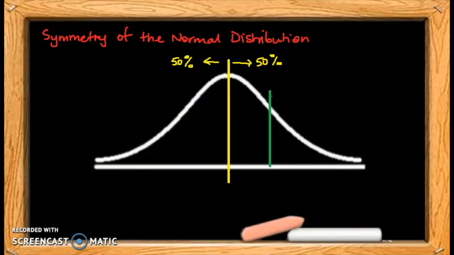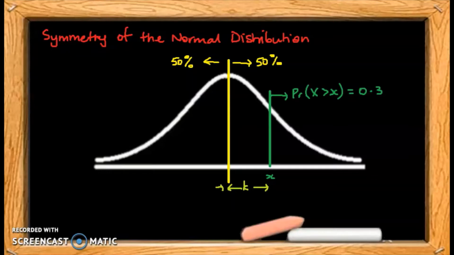I also know that if I put a line somewhere else, so for example here, that if the probability that my value is greater than whatever x is here, let's imagine the probability is 0.3. I also know that if I had exactly the same line but on the other side, so let's imagine down here this was a distance of k.